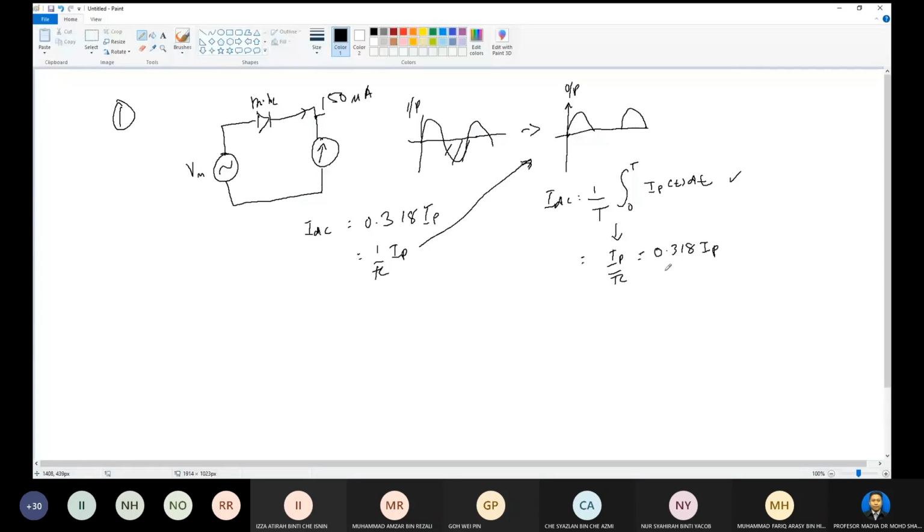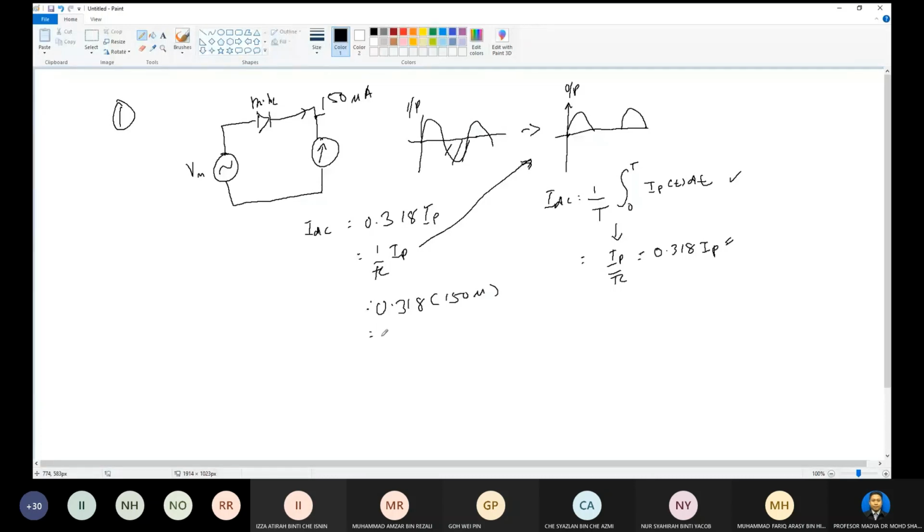So to find the DC current, use this formula: 1 over pi multiplied by IP. For this case, 0.318 multiplied by 150 micro.